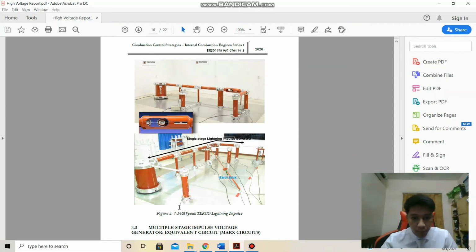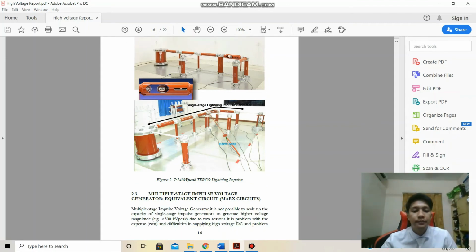This is the equipment, 140 kVp, used at UTHM for testing using the Terco lightning impulse. You can see this is the single stage lightning impulse generator.